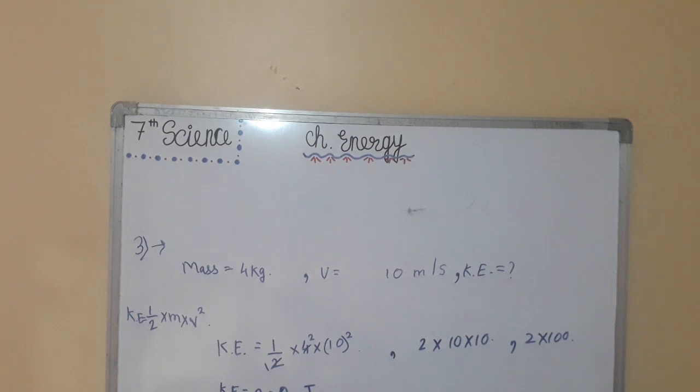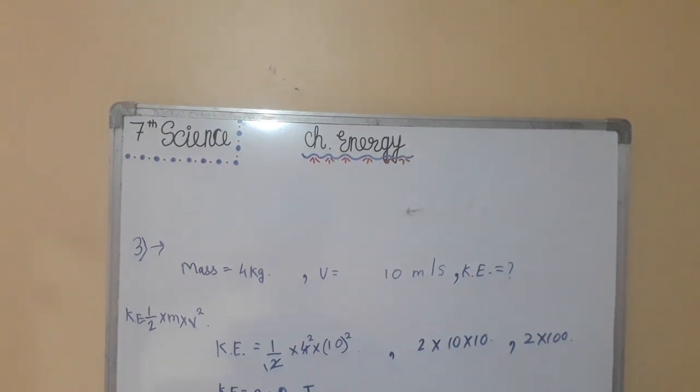Now, question number 4. A body of 1 kg mass has a kinetic energy of 1 joule when its speed is. In this question we have to find the speed, means velocity.